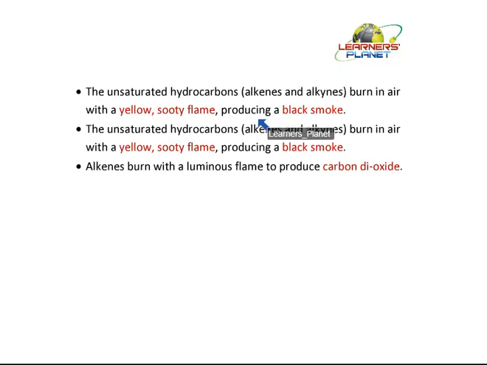Why? Ghee has lots of saturated carbon atoms. Oil produces a yellow flame. Why? Because it is unsaturated. What do you mean by unsaturated? That is, there are double bonds or triple bonds.